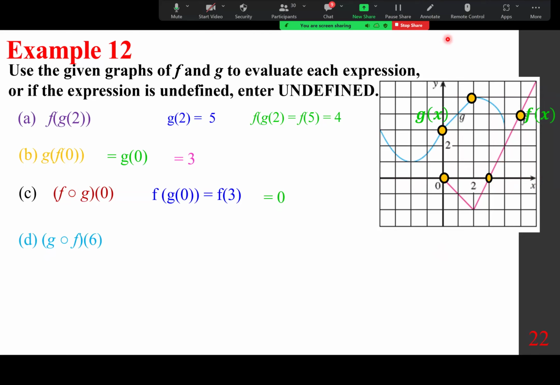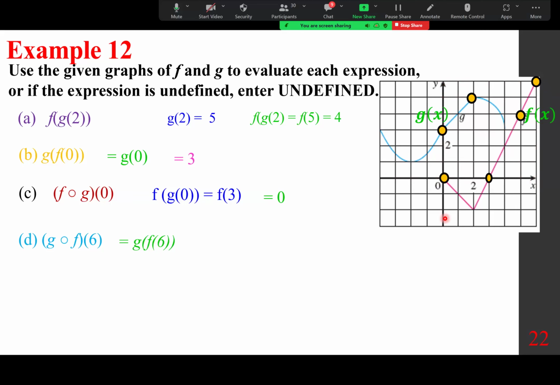G of f of 6. That means we want g of f of 6. That's the meaning of it. That means first find f of 6. So find the 6 along the x-axis. And for the f, the red one, 6 is here. The y coordinate is here. And this one would be 1, 2, 3, 4, 5, also 6.